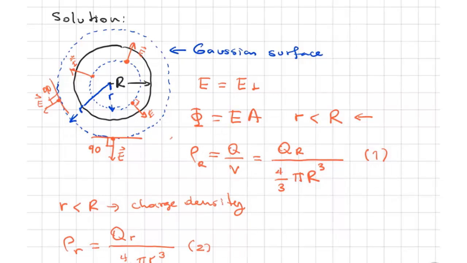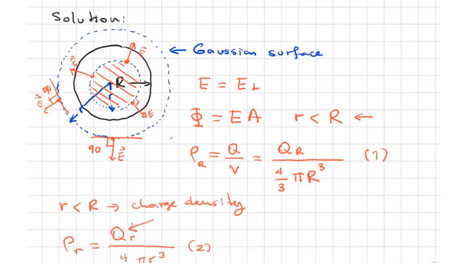Okay, what is this Q? This Q that I am pointing to is the charge enclosed in the Gaussian surface. So I go to this illustration and trace lines.